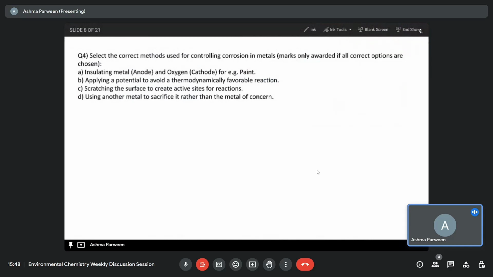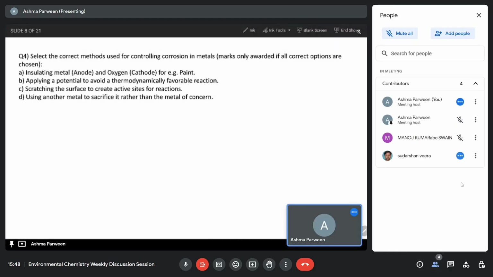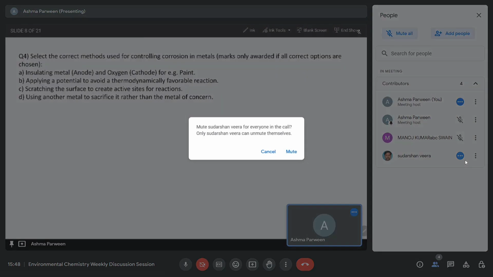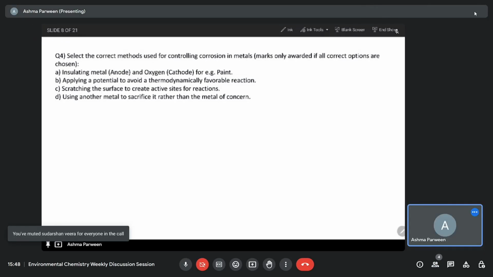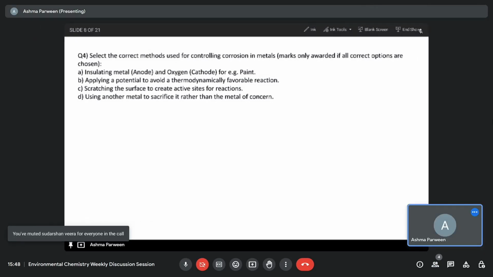Okay, now it has changed. So we have to select the methods used for controlling corrosion in metals. There may be more than one correct option.